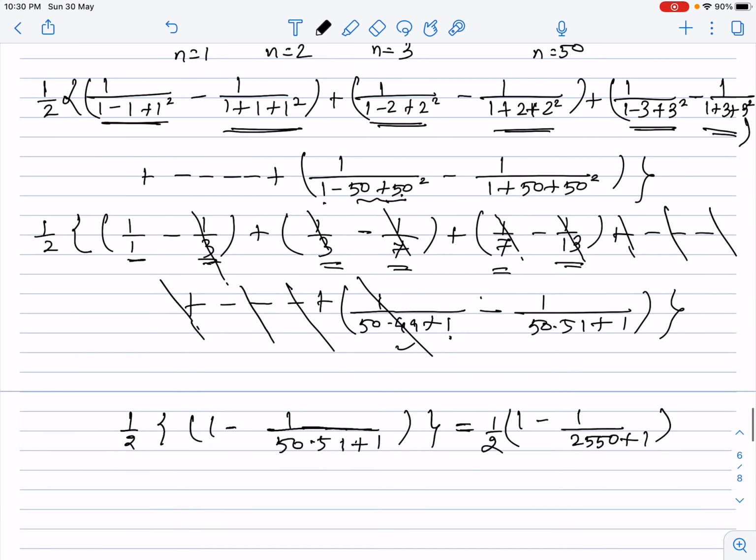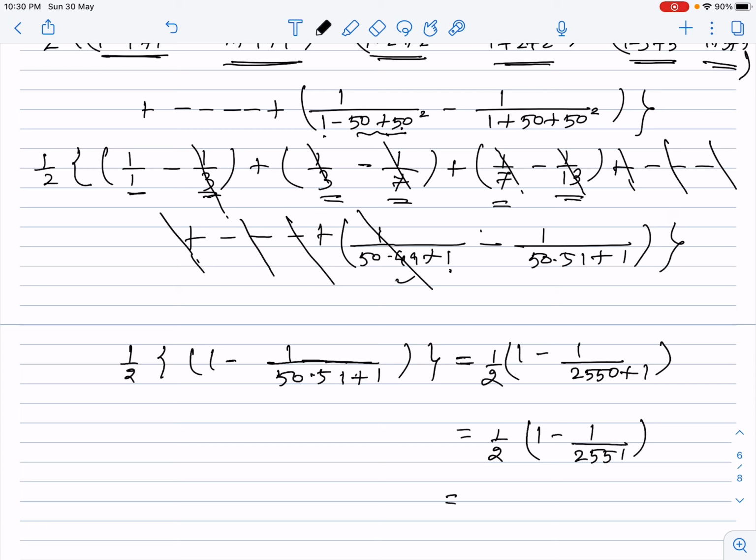Now guys, we have plus 1, so I write 1 upon 2551 in the denominator, 1 minus this thing, and 1 upon 2 in front of it. So guys, when I take the LCM, it becomes 2550 divided by 2551 whole multiplied by 1 by 2. And when I simplify this, I get 1275 divided by 2551, and this will be the final answer for this question.